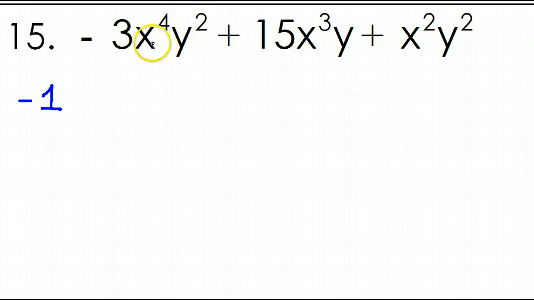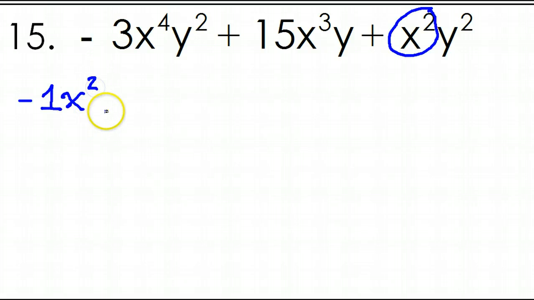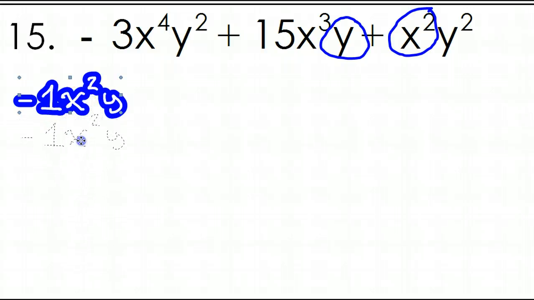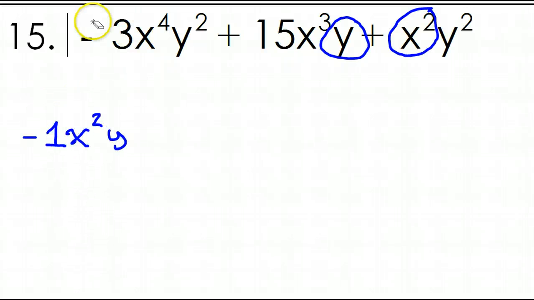Now how about the variables? I have x to the fourth, x to the third, x squared. The lower amount here is x squared. So let's go ahead and pull that out as part of my GCF. Now how about the y's? I got y squared, y, and y squared. The lower amount is the y, so I can pull out a y.